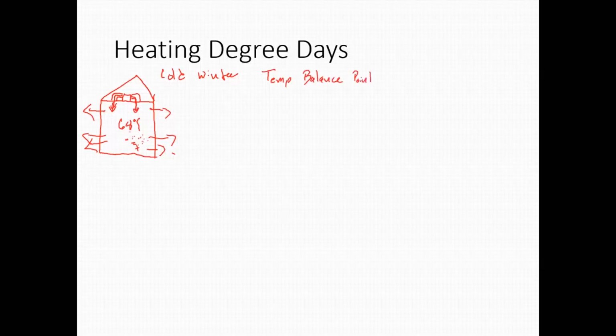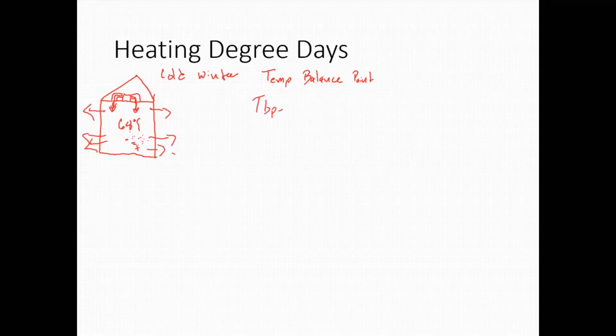Whatever temperature outside it happens to be that makes your heater kick on, that's our balance point. So TBP is our balance point. At this outdoor temperature, we have to start spending money to make the interior of our house comfortable. This balance point is a number we use to keep track of when our heater is going to be on and running, and we're going to be paying for energy.